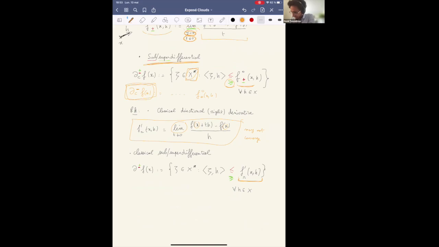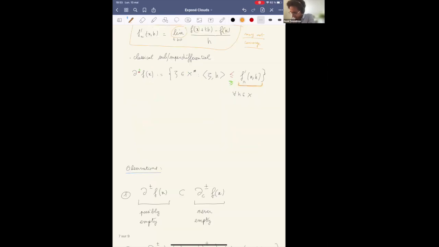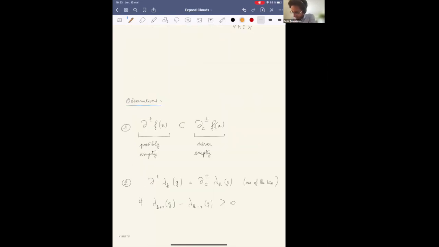The fact that this directional derivative may not converge implies that the classical subdifferential may be empty, while the Clarke subdifferential, one can show, is never empty. So this is one reason we got interested in these notions.